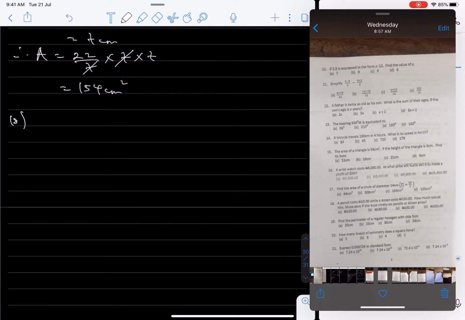Number 18. A pencil costs 10 naira while a dozen costs 100 naira. How much would Mrs. Musa save if she buys 96 pencils at dozen price?